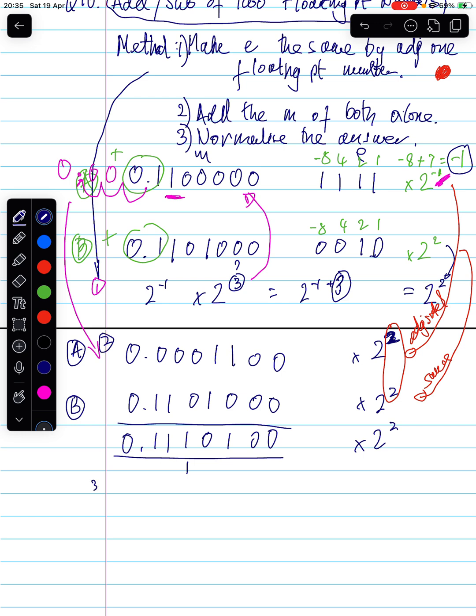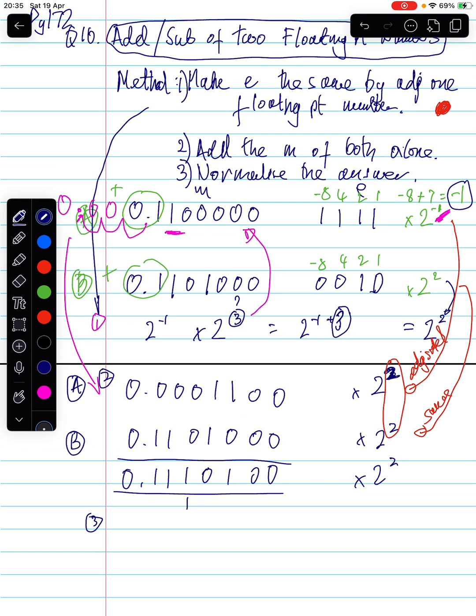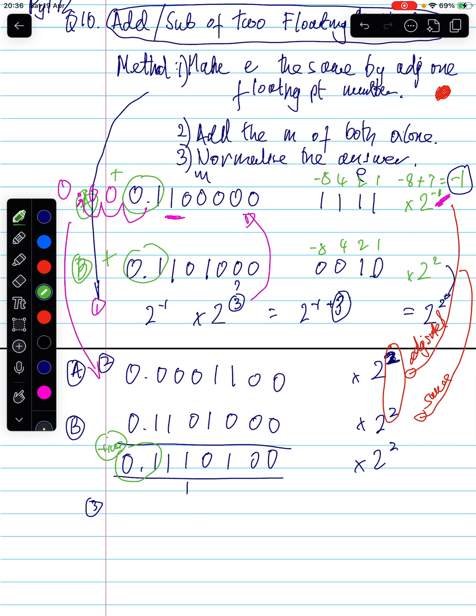Then step 3, we need to normalize the answer. If we had 2 positive numbers, we're going to get a positive number, and we indeed have got a positive number, which is actually normalized. So we don't need to make any adjustments. So our final answer is going to be 0, 1, 1, 1, 0, 1, 0, 0.